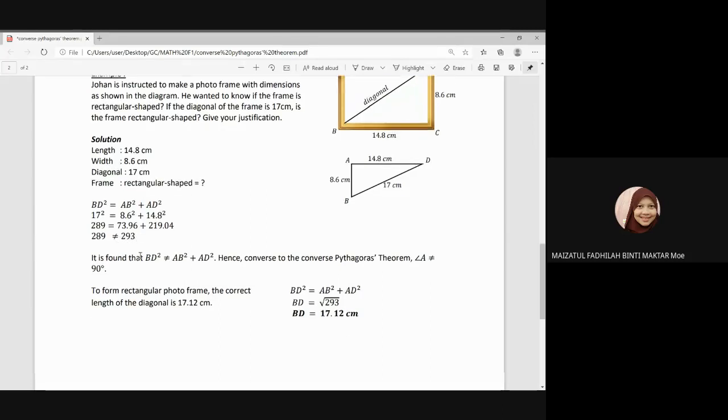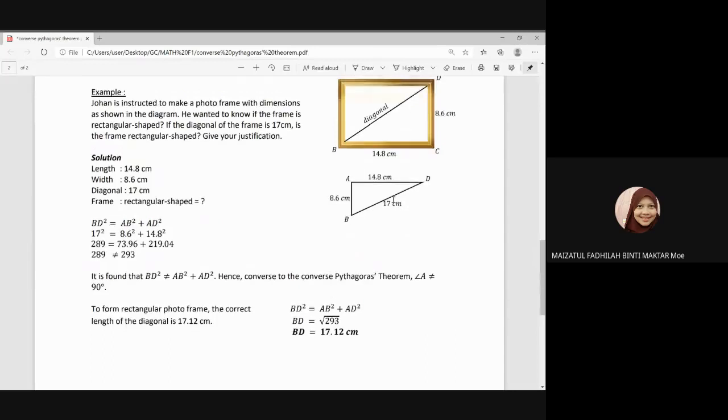Okay, so we can say this frame is not a rectangular shape, right? We can say BD square is not equal to AB square plus AD square. Hence, the angle A is not equal to 90 degrees and the frame is not a rectangular shape. So you can state it like that.